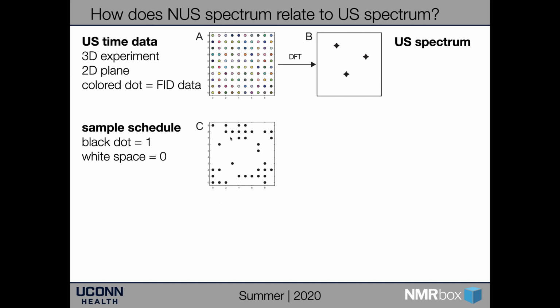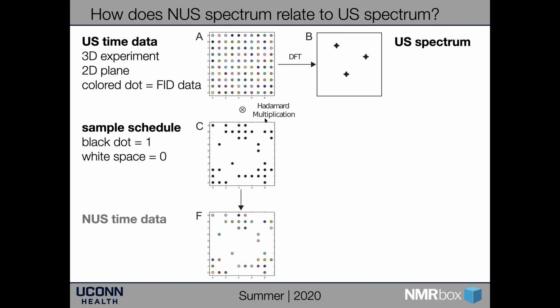Numerically, this can be represented as a matrix of ones and zeros, so we can convert this to a numerical mask. That mask we can use on our uniformly sampled time data to throw away the FIDs that are not included in our sample schedule. So here is our NUS time data.